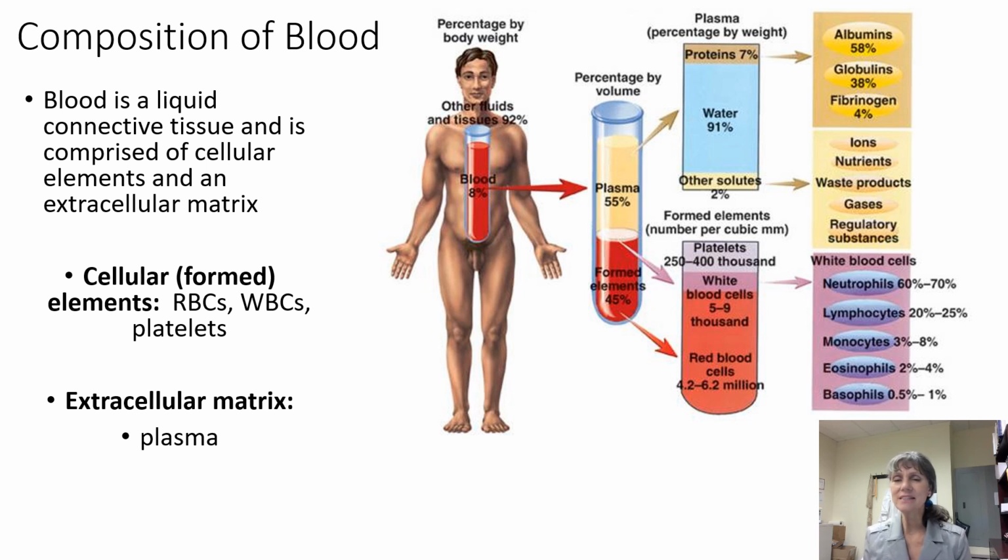When we look specifically at the white blood cells, there are different types of white blood cells, and we're going to learn about those white blood cells. Those include neutrophils, lymphocytes, monocytes, eosinophils, and basophils in the order of most abundant to least abundant.